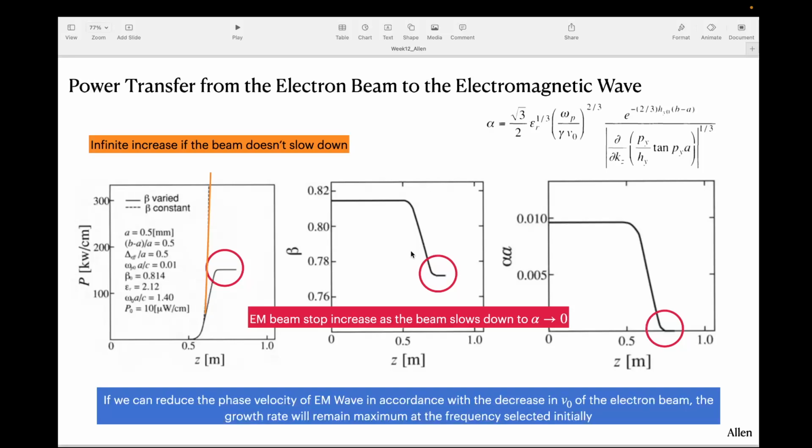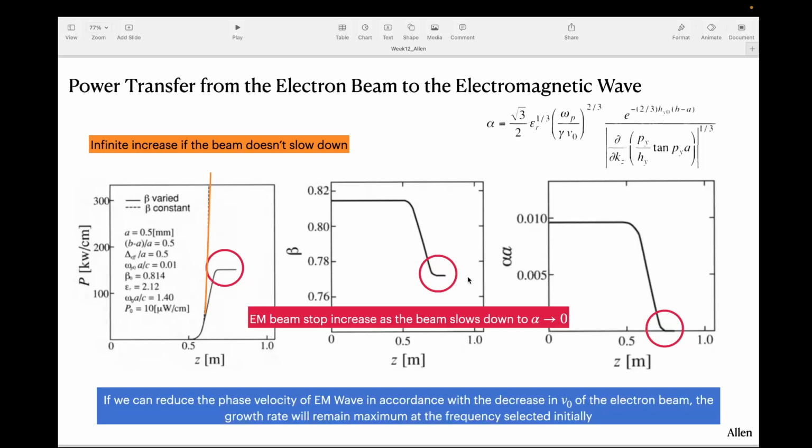To vividly show the results, we can have some plots. Of course the goal is to grow the EM wave. Therefore, along the z direction, we can see that the power of the EM wave grows. But the power doesn't grow infinitely. It stops at some point, and this point corresponds to the growth rate going to 0. When the growth rate goes to 0, we can see that the normalized drift velocity also goes to a constant value.